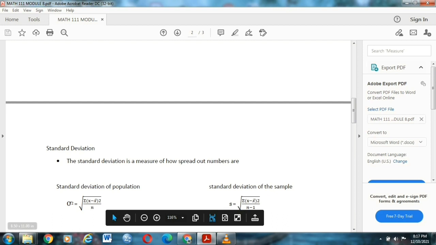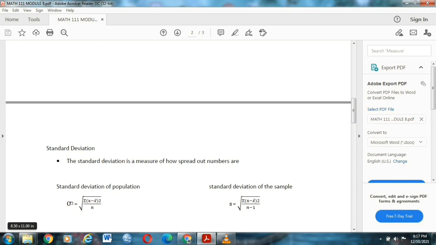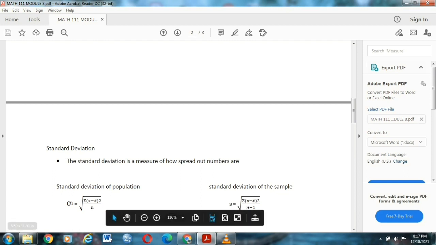Okay, so yung typo lang ito, wala yung squared, so lahat nasa radical form. Ayan, so ganun pa rin. Kagaya ng sa variance, pag sa population ay over n, pag sa sample ay n minus 1.